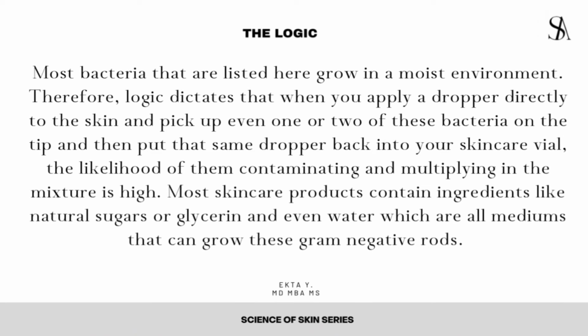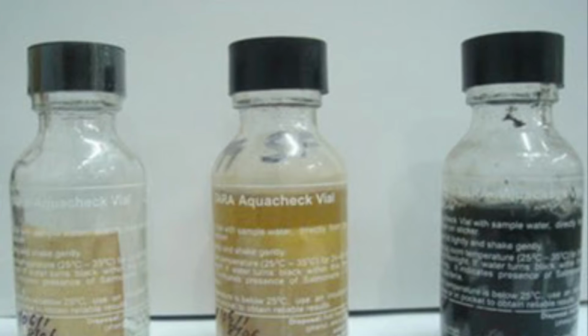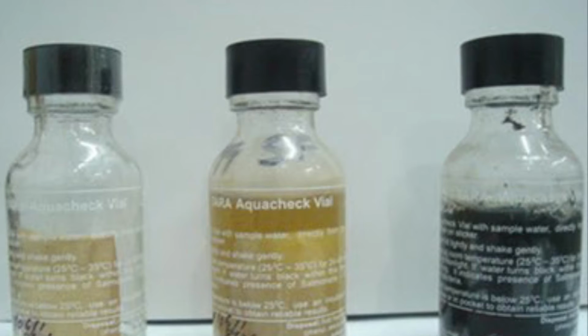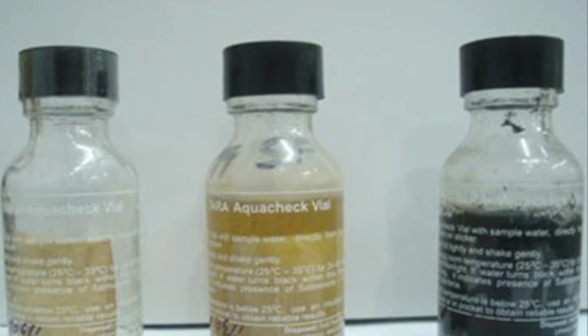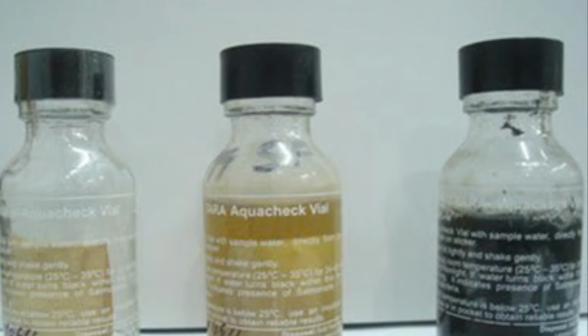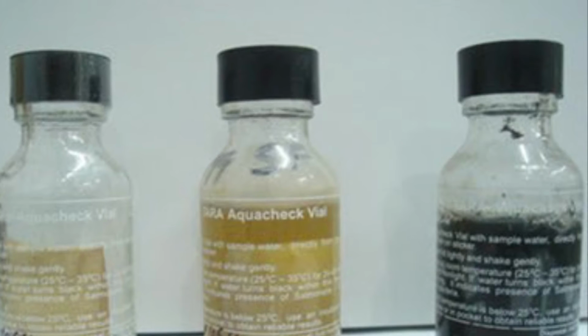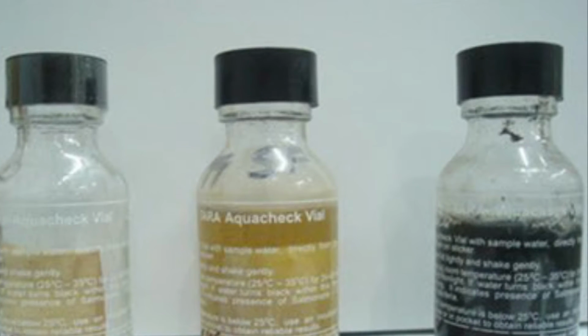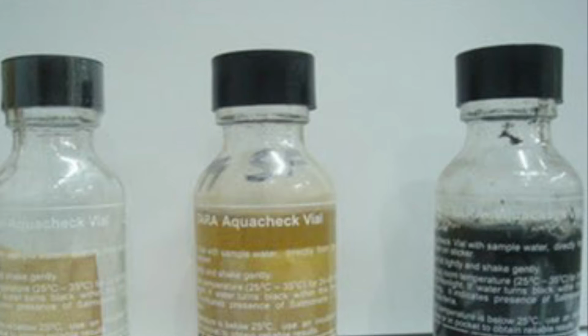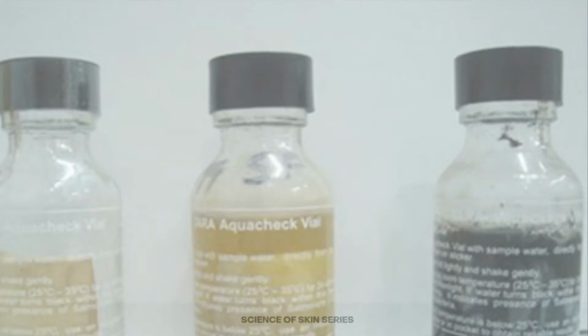When you place that dropper back into the vial after you've placed it directly on your skin, even if you got one or two bacteria on the actual dropper tip and you put it back in, that's enough to lead to the growth of a colony within the vial.